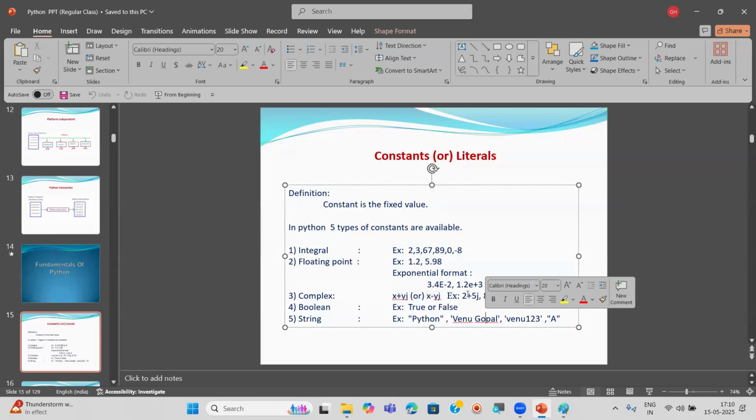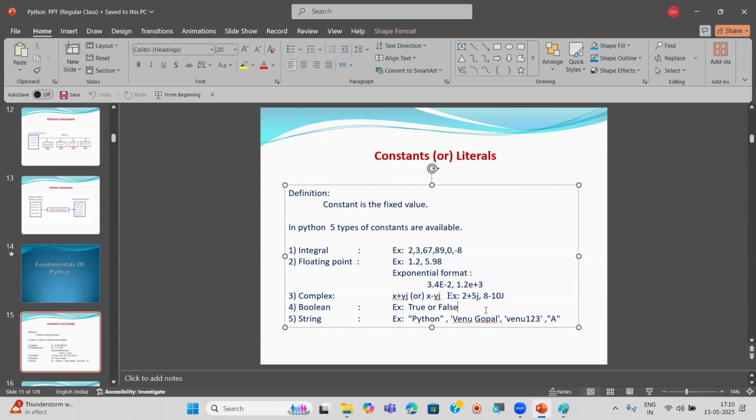For example, 2 plus 3j, 8 minus 10j. Here also j can be capital or small. Next, Boolean constants: True, False. These are called Boolean constants.